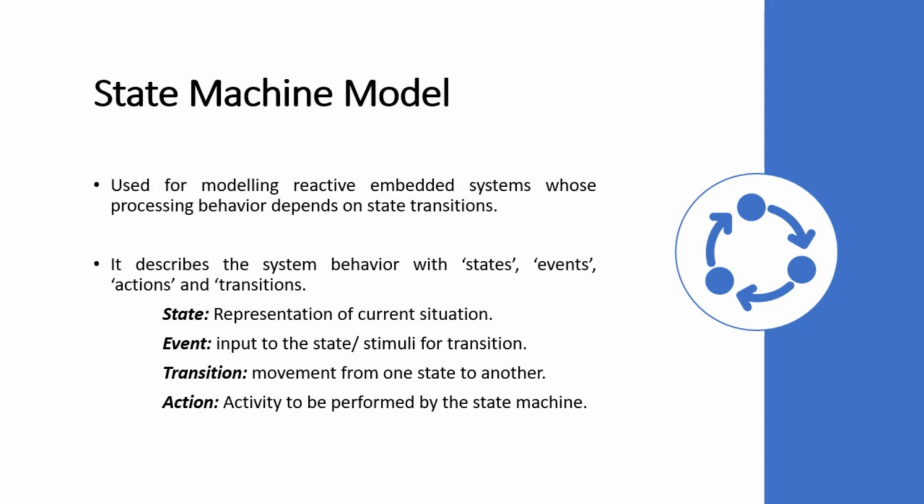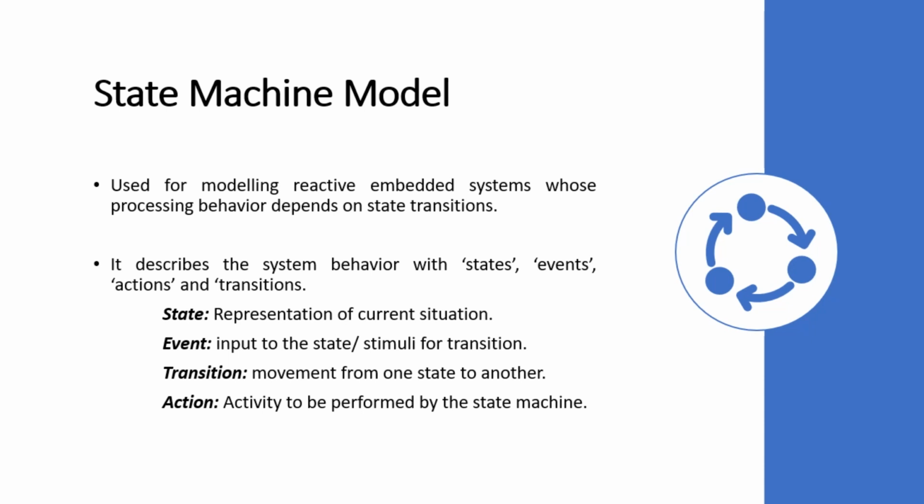In the sense, an event is going to drive the state. It acts as a stimulus for state transition. Transition indicates the movement from one state to another, and action is what you are going to achieve. So action is basically the activity to be performed by the state machine.